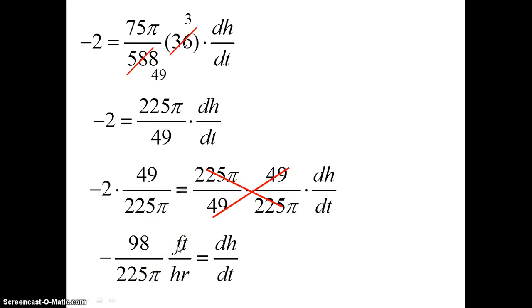Our units, feet per hour. There's your rate of change in height with respect to time. If you love decimals, have at it. It works out to approximately -0.139 feet per hour. If you're taking the AP Cal exam, know that they do typically go out to 3 decimals, so either answer would be acceptable.